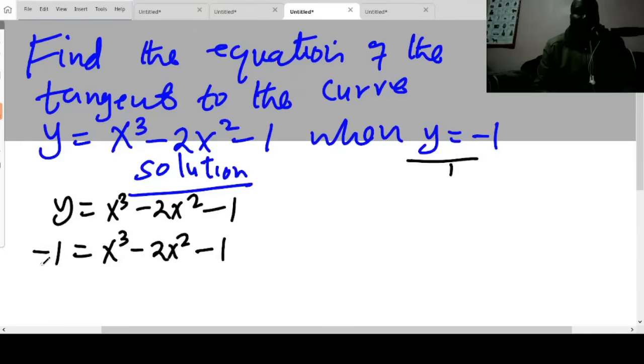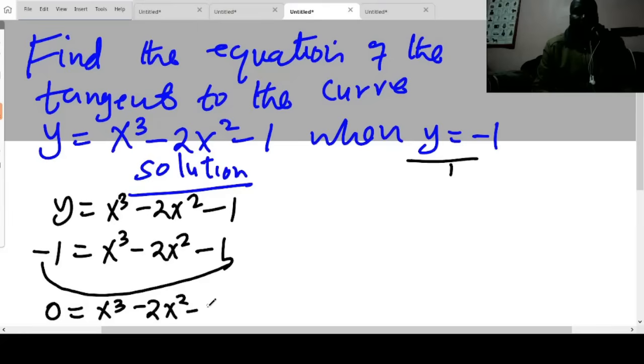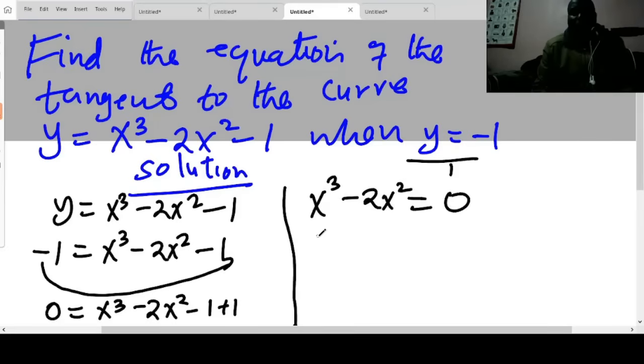Like terms together. So this one comes here and 0 remains here. So 0 is equal to x cubed minus 2x squared minus 1 plus 1. Yes. So negative 1 plus 1 is 0. So we are going to have that x cubed minus 2x squared equal to 0. Now we want the value of x.